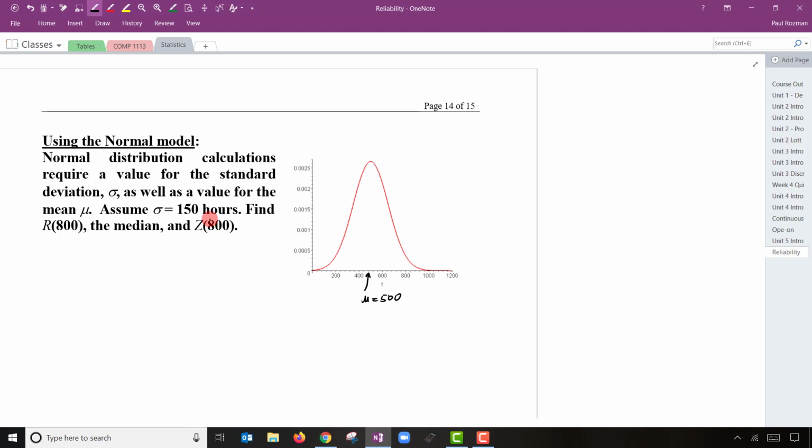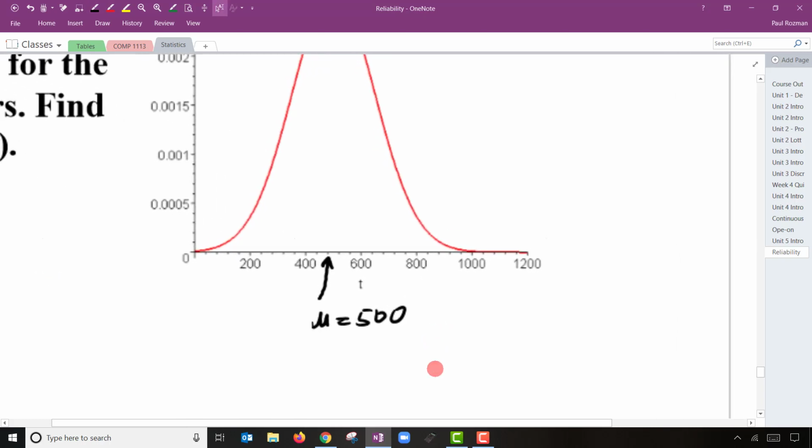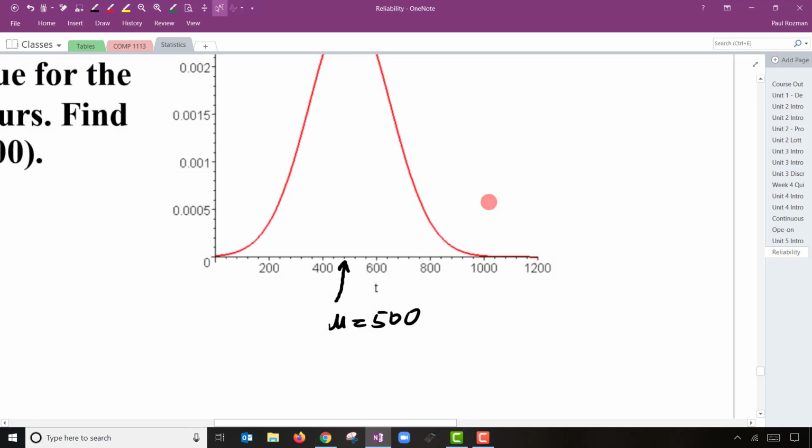So back to our questions again. We wanted to know what's the probability of this thing lasting 800 hours. It's 800 or more hours, not exactly 800 hours, because the probability of something lasting exactly 800 hours is 0. We're looking for the area beneath the curve here, to the right of 800.